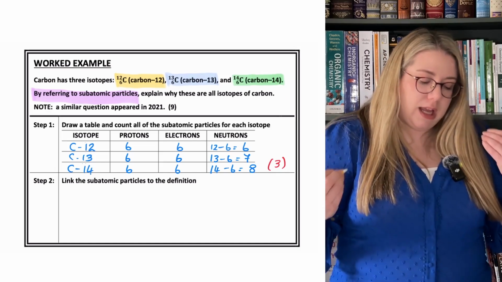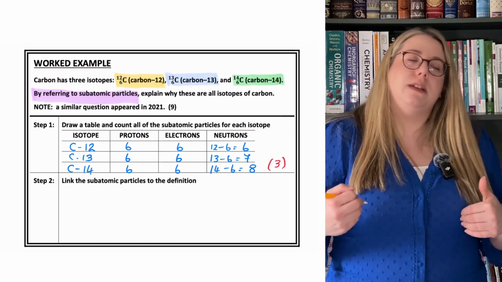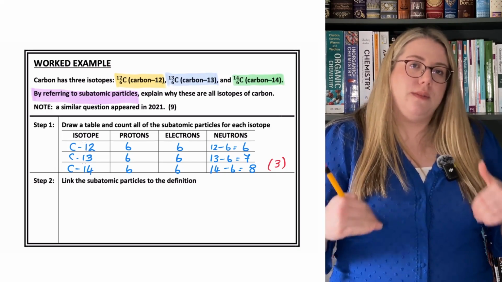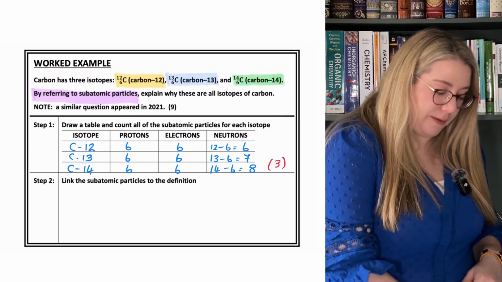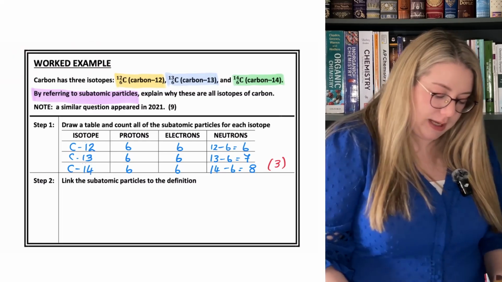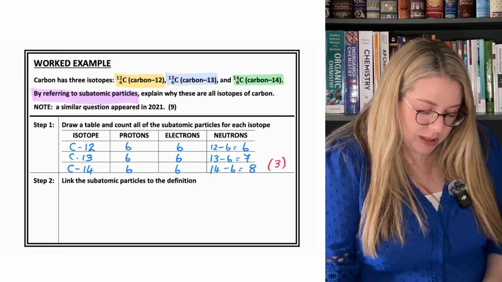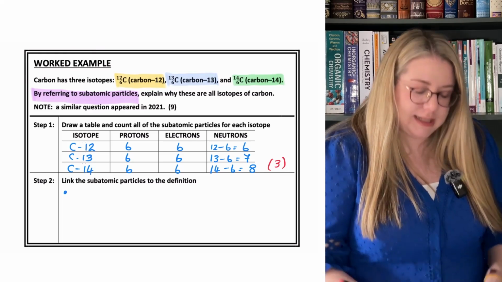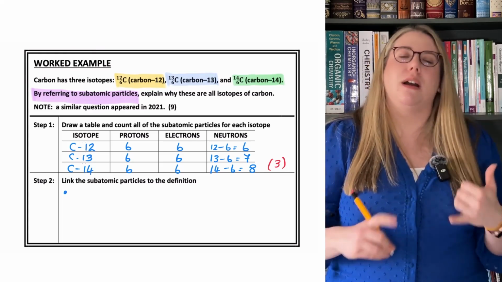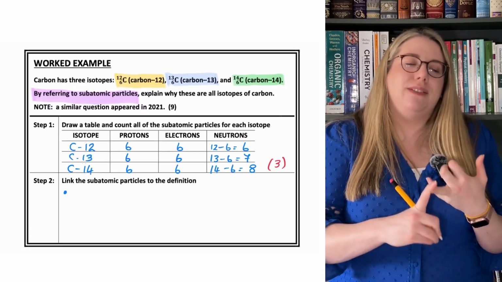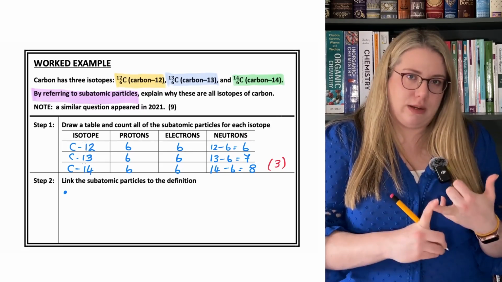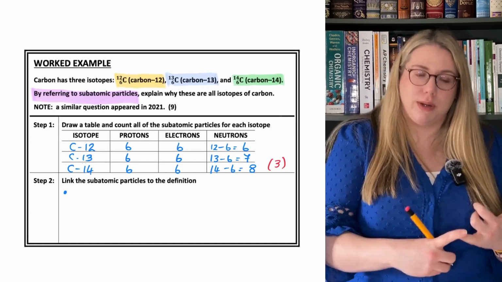Next. The next part, what you have to do is you have to link what you have just done to the definition which we learned off before. So here, link the subatomic particles to the definition. So if something is an isotope, isotopes are atoms of the same element, so same number of protons, but they have a different number of neutrons in the nucleus, which gives them a different mass number.